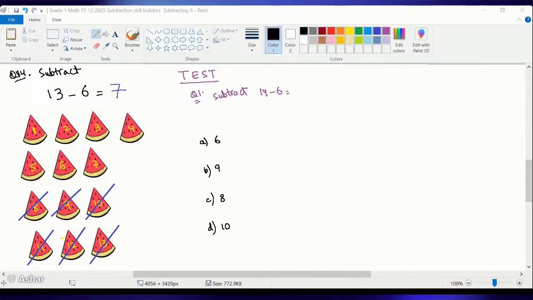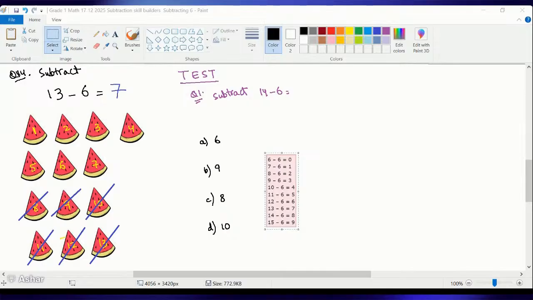We know that we can have a grid for us, and as per the grid we can find certain sets of values. So what should be 14 minus 6? Can you give me the option A, B, C, or D?